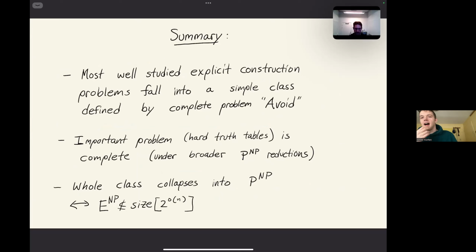And the second thing is we showed that essentially the most important problem in this class is complete, as long as we move to more broad reductions. And finally, this whole class collapses to P to the NP if a certain circuit lower bound holds. We characterize the derandomization class by a specific complexity assumption.